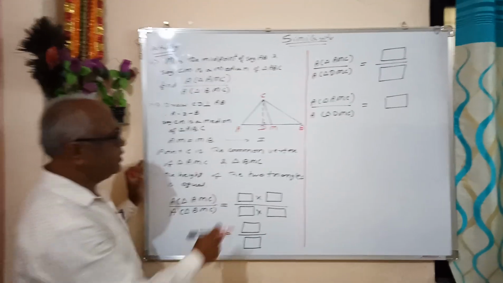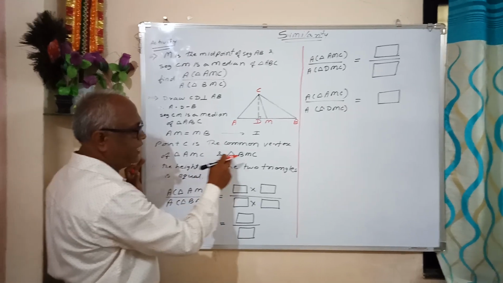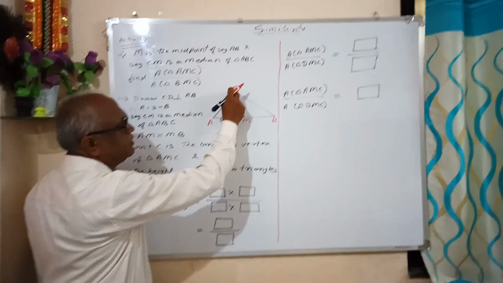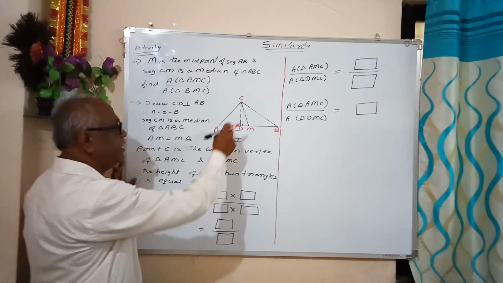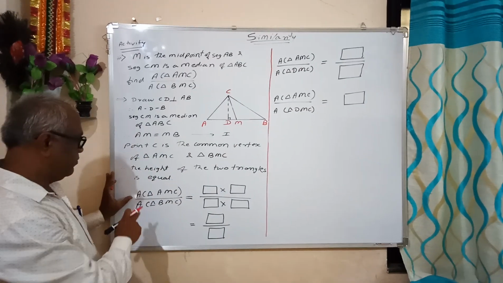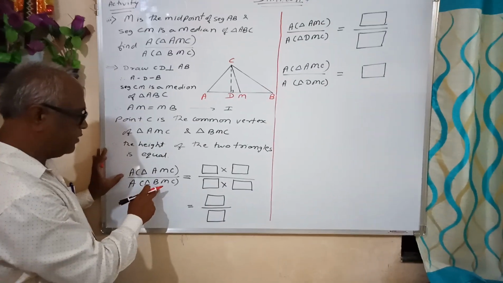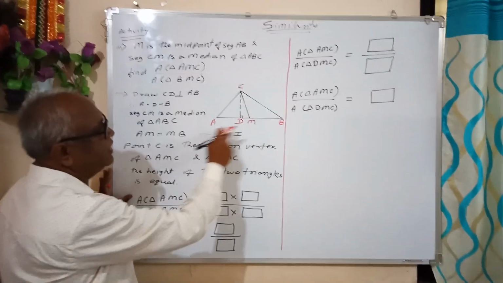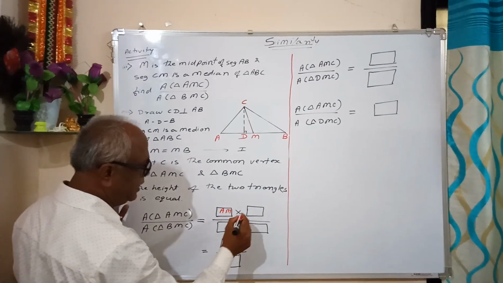Point C is a common vertex of triangle AMC and triangle BMC. Therefore the height of both the triangles is equal, that is CD. Now area of triangle AMC upon area of triangle BMC is equal to: for triangle AMC, base is AM and height is CD.